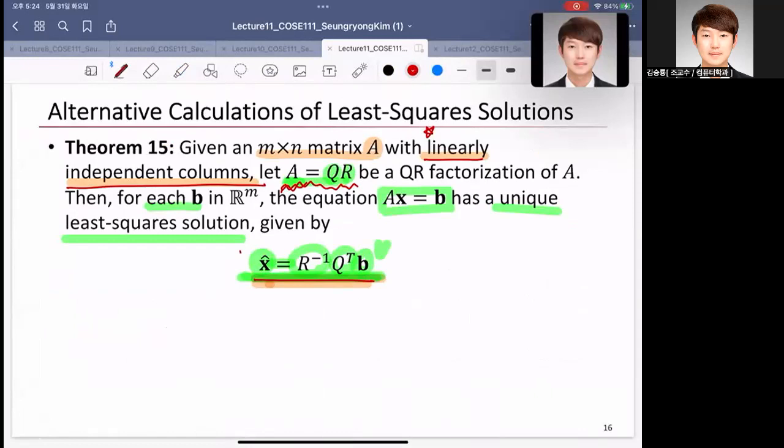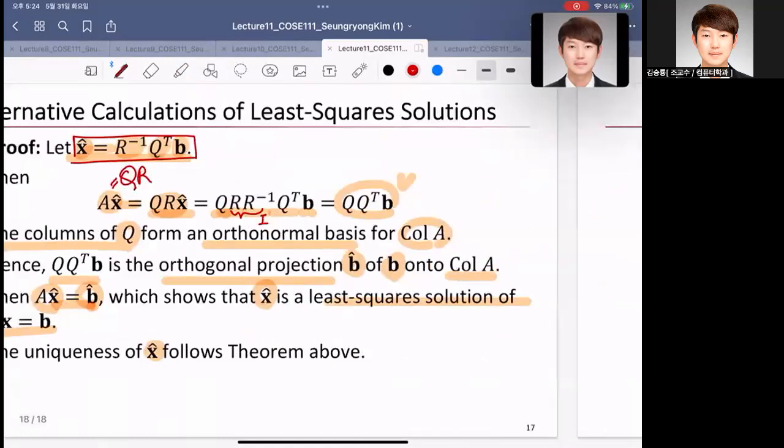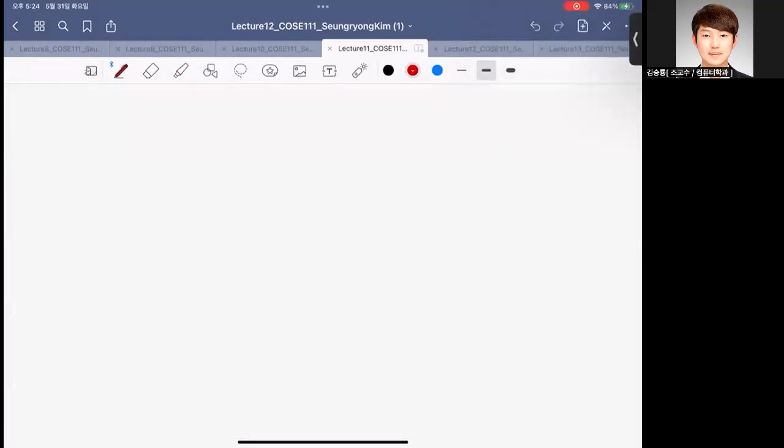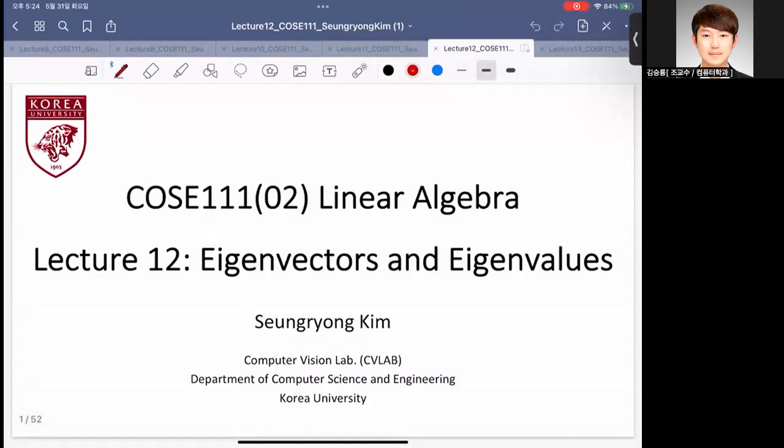Then our least square solution is x hat equals R inverse Q transpose b. This is the alternative calculation of the least square solution. Okay? All right. That's it. Is there any question about the least square solution?